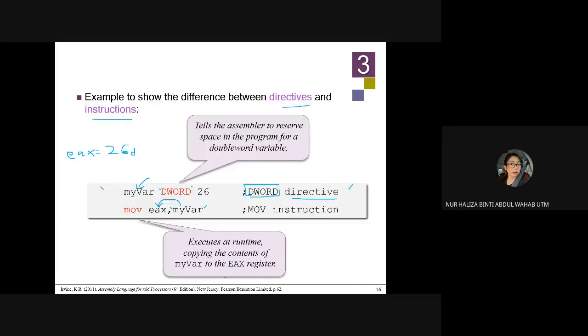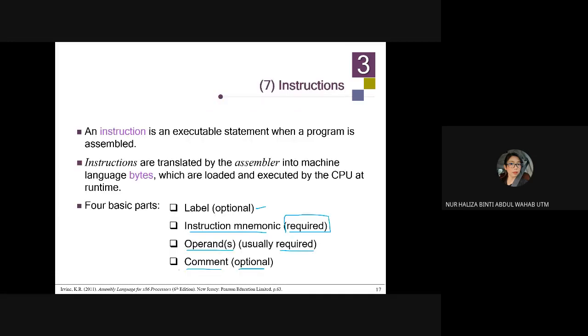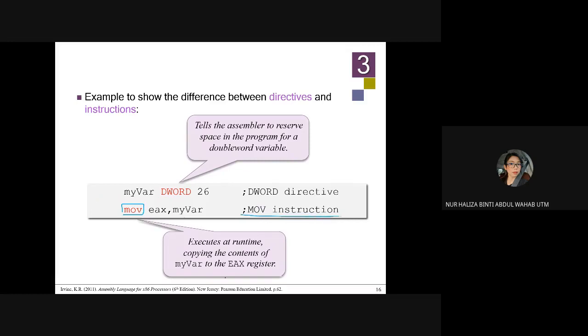You can see over here, you have the instruction mnemonic, and you have the comments. This is how you put a comment. After the comment marker, the computer will not read it.